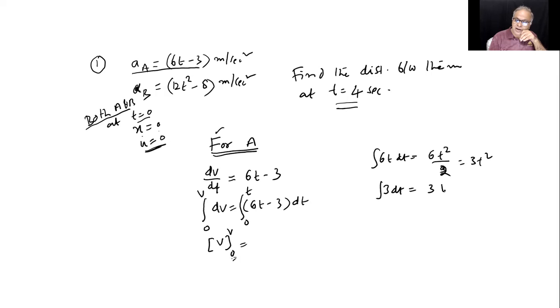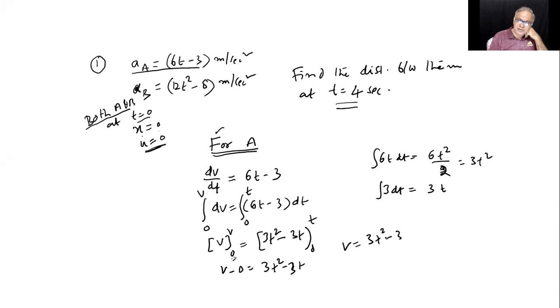So 30t square minus 3t between 0 and t. So v minus 0 equals that. If you substitute 0, nothing changes. So v equals 30t square minus 3t. Everything is right.